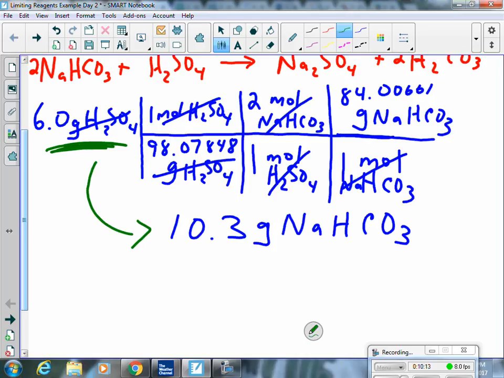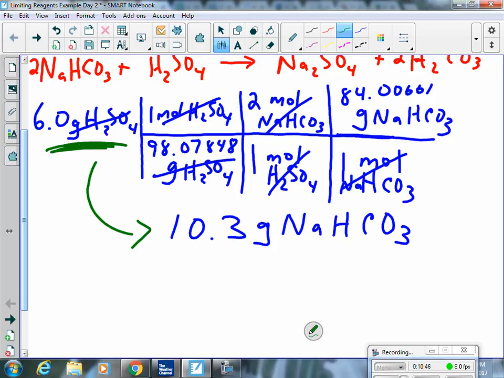So I've got almost 30 grams extra, correct? So what is my limiting reactant? Sulfuric acid, right? It's all used up. I've got leftover sodium bicarbonate. That's the hardest part right there. Can you see why sulfuric acid is my limiting reactant?